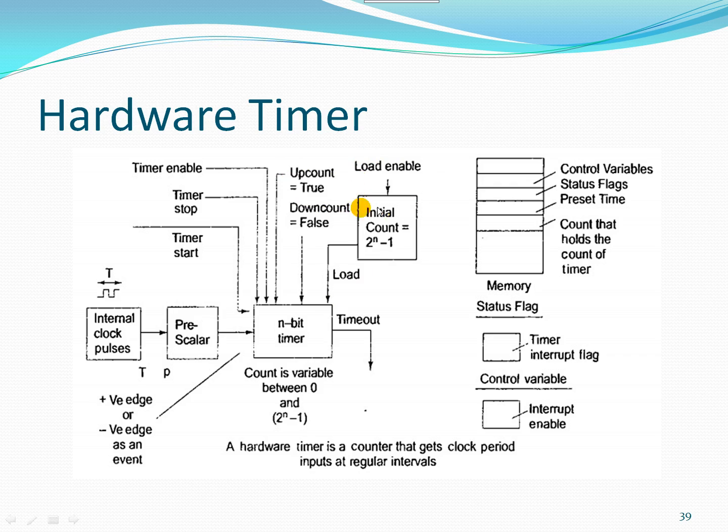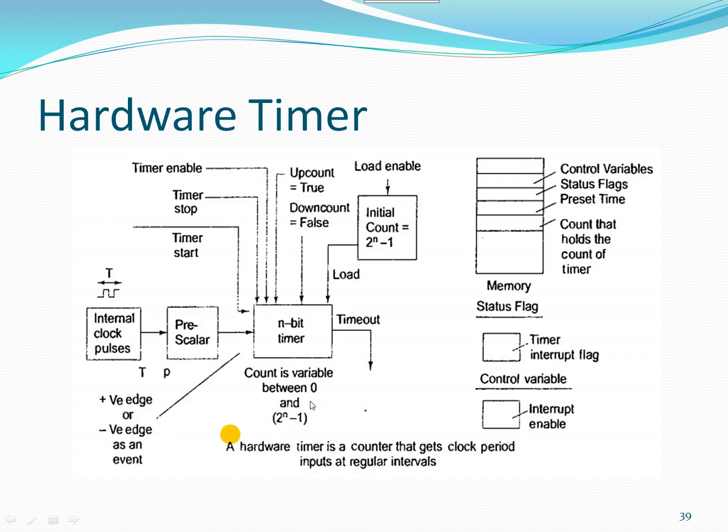We will be loading the count value as input to this timer by this load circuit, and the count value will be variable from 0 to 2 power n minus 1 counts.